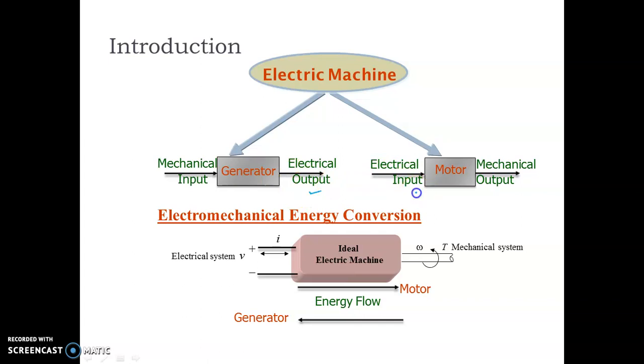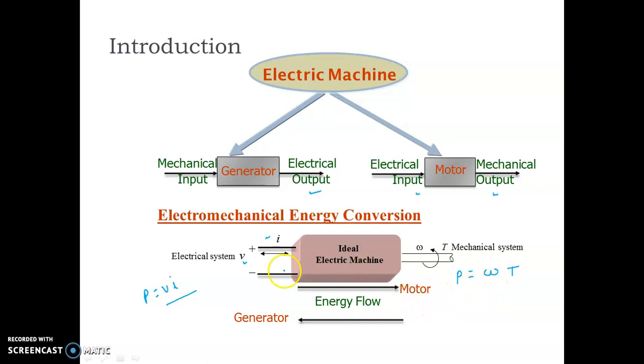If electrical energy is input and mechanical energy is output, it is called a motor. In electromechanical energy conversion, the electrical system means voltage and current, so electrical power is voltage multiplied by current. Mechanical power is angular speed multiplied by torque.